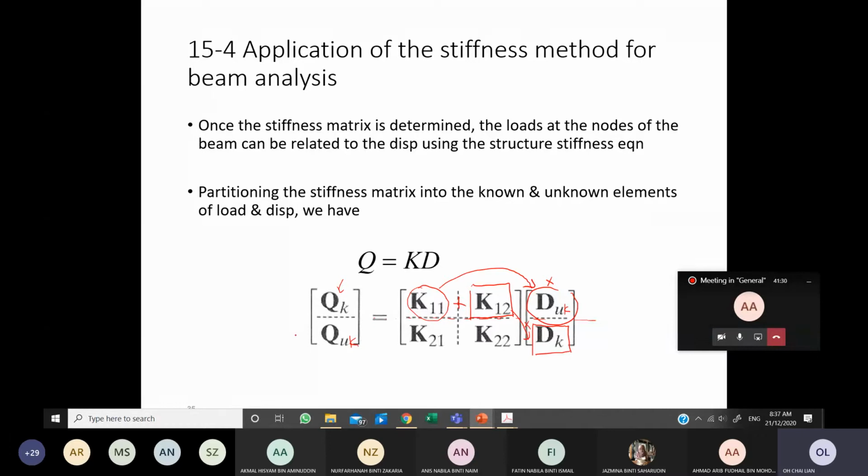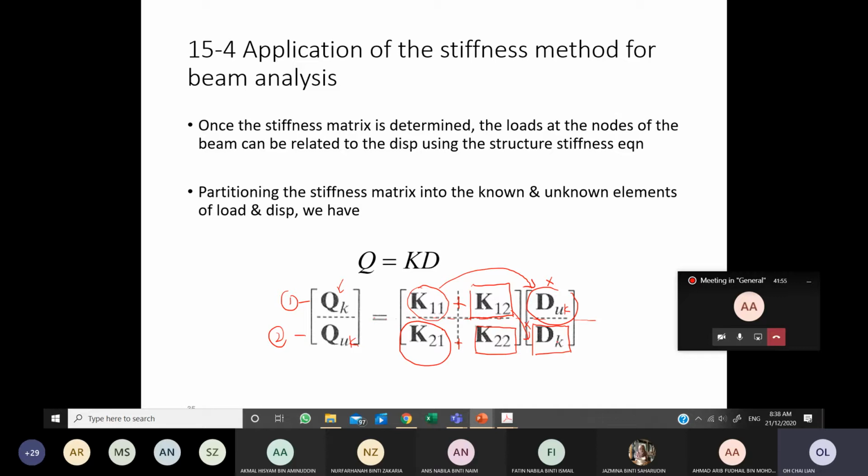Similarly, for the second equation, QUK equals K21 multiplied with DUK plus K22 multiplied with DK.